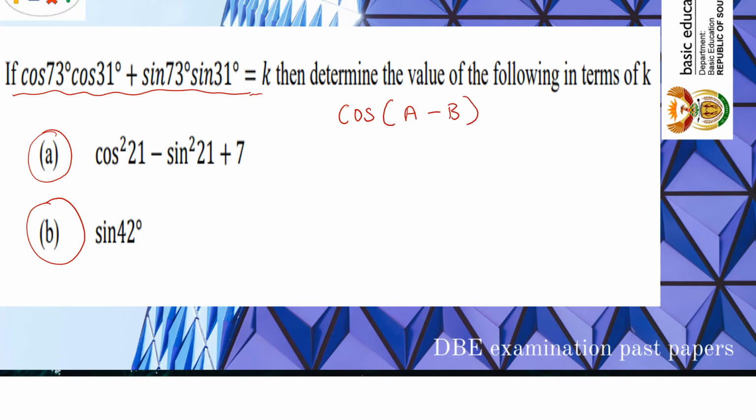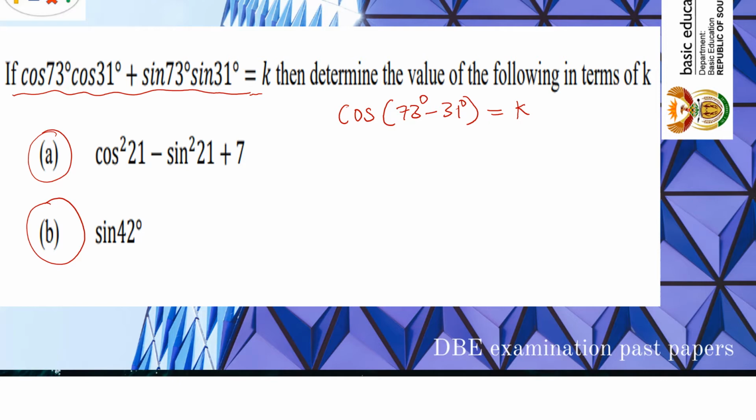If the sign is positive, you just change it in the middle to be negative. Where our a is 73, our b is 31, so we say cos(73 degrees minus 31 degrees) is equal to k. We just use the rule there.